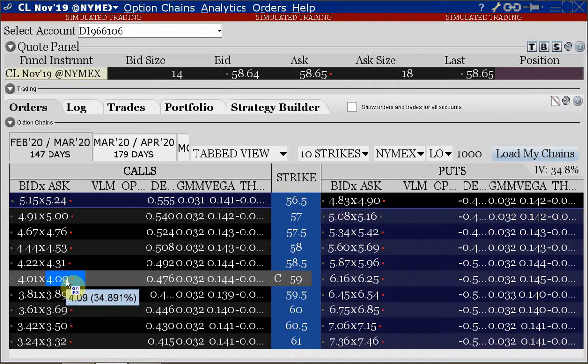I can place a limit order to buy this at maybe 3.9. It's 4.09 right now. I'm not willing to pay 4.09 for this call option, but I'm happy to buy this call option at 3.9. So I can place a limit order to buy this call option at 3.9. That would be a limit order.